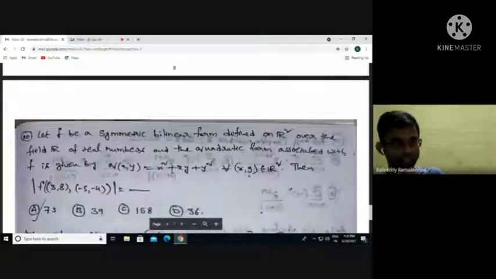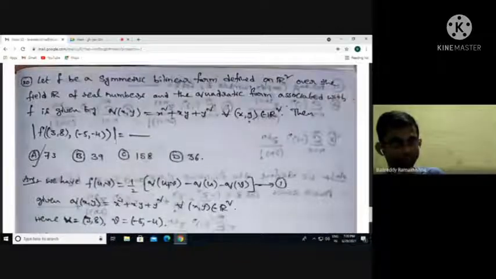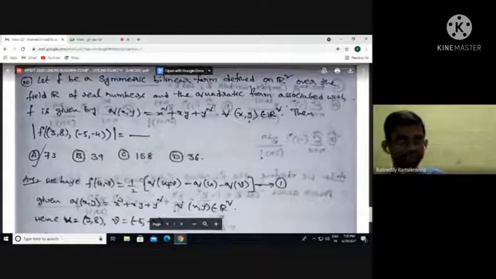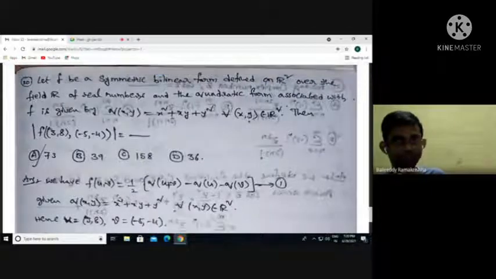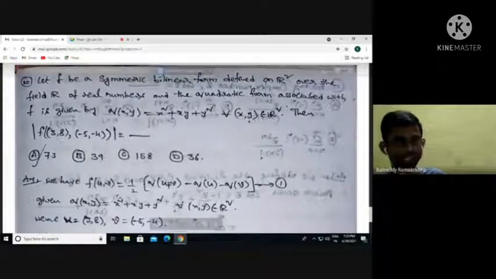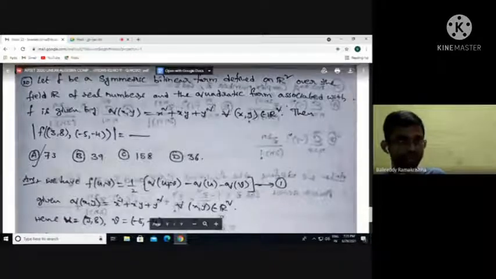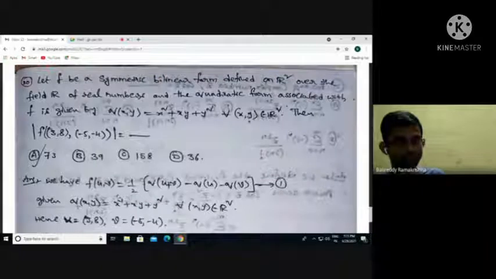Now coming to the last question, question number 20. This is from quadratic forms. Let f be a symmetric bilinear form defined on R square over the field R of real numbers, and the quadratic form associated with f is given by Q of (x, y) equal to x square plus xy plus y square for all (x, y) belongs to R square. Then modulus of f of ((3, 8), (-5, -4)) is equal to dash.